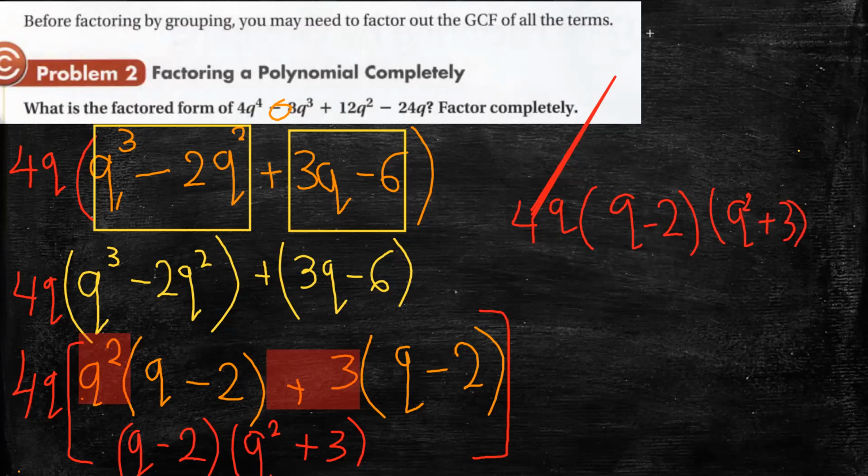This will now be the factored form of this trinomial here. Okay, it's 4q times q minus 2 times q squared plus 3. This is the factored form of this polynomial.